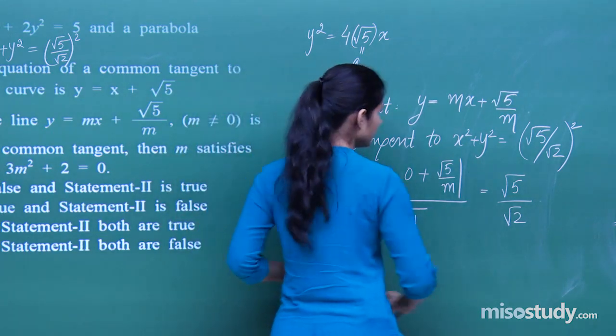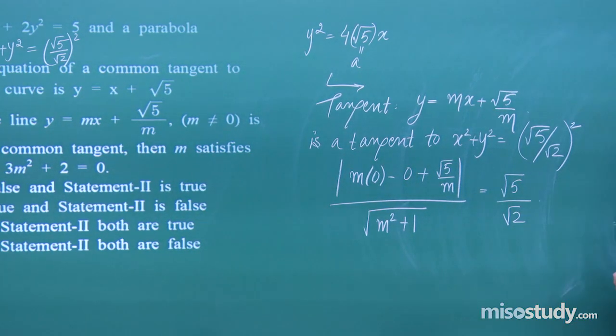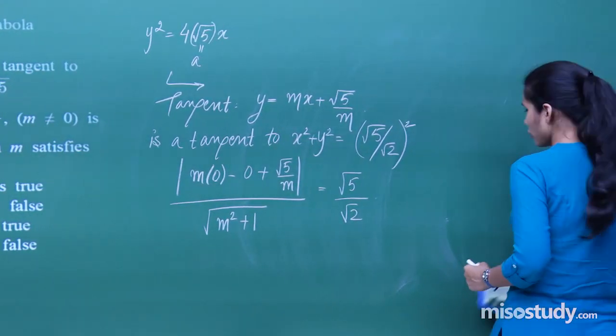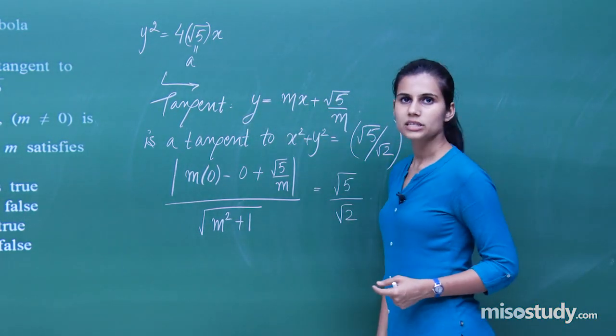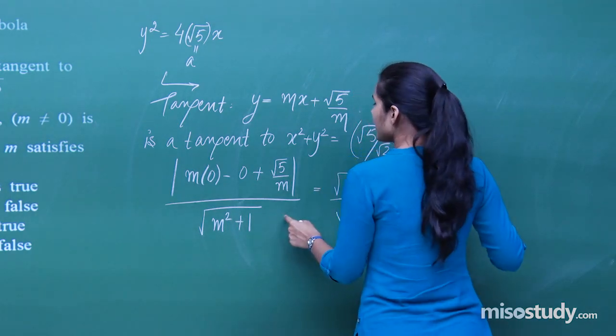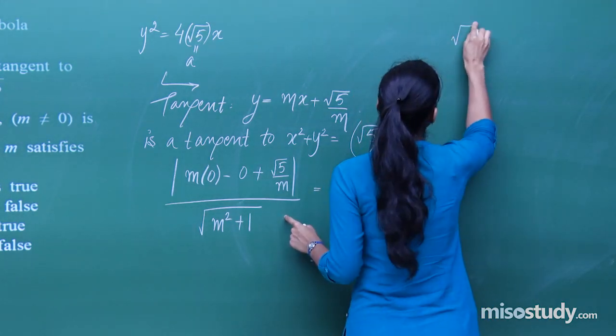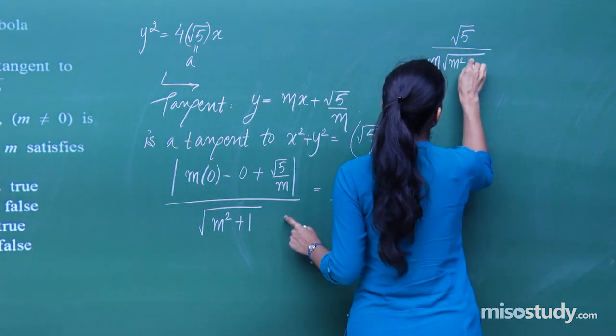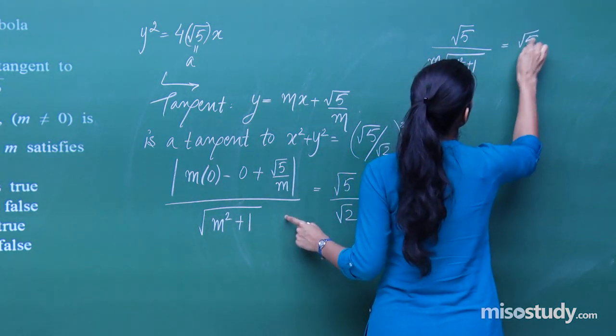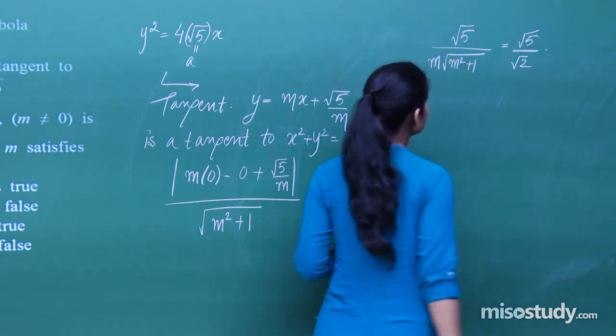Clear? This is going to give us the exact condition on m, which is going to make the tangent to the parabola also a tangent to the circle. So you get √5 by m, so this is √5 by m into root over m square plus 1 equals √5 by √2.